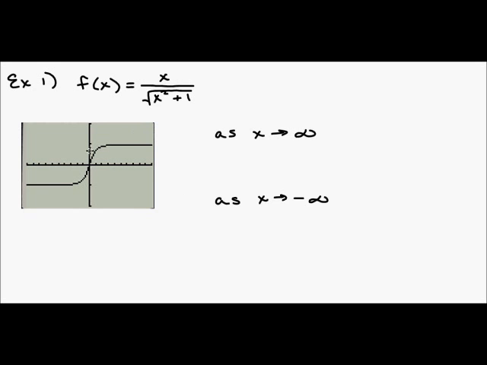And you can see that as x goes to infinity, so as we're traveling up this way, y is approaching 1. And as x approaches negative infinity, again this way, y approaches negative 1.